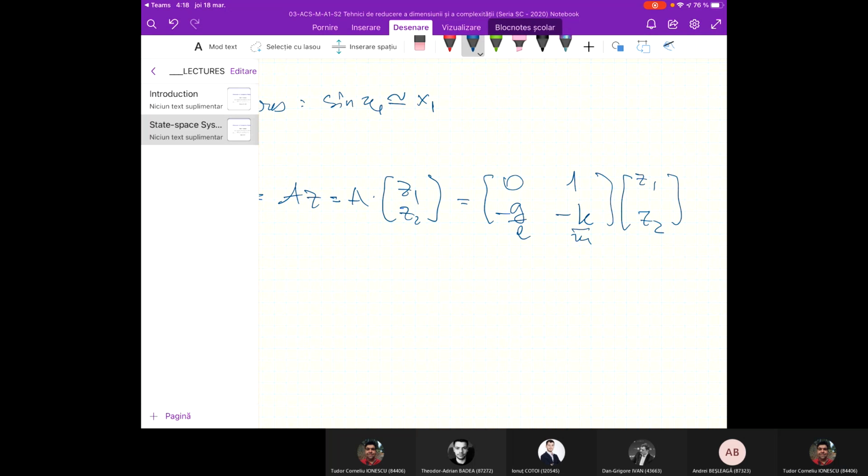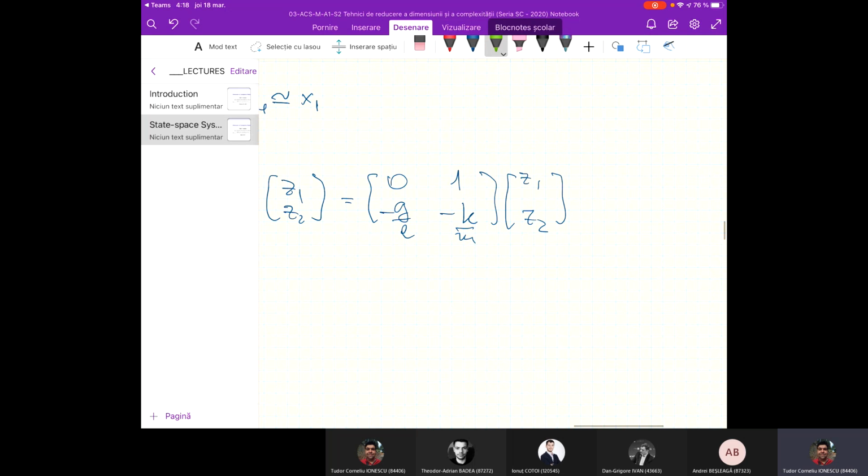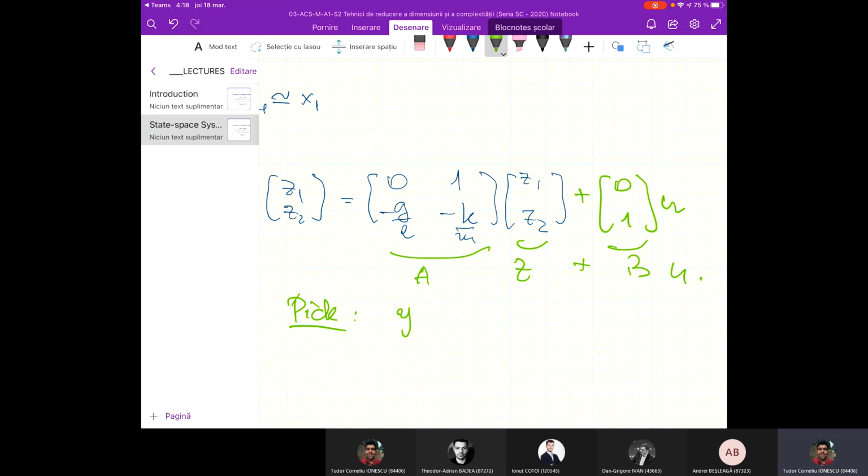Of course, you can always add the input term in the second equation. So we can always say 0, 1 times u. u is a scalar signal. So now you get Az plus Bu. And you can also pick an output, this is a selection you make.